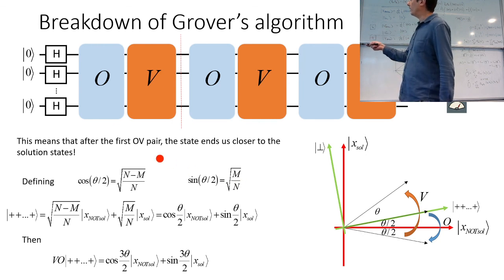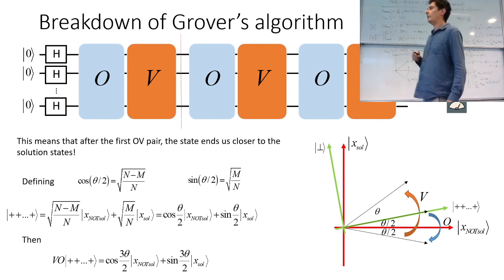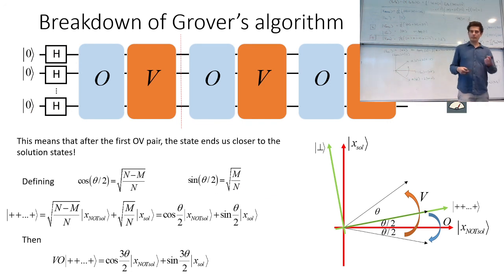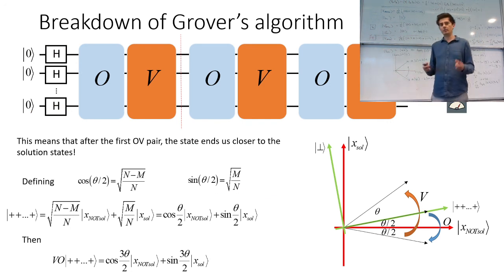If you've got something with, say, 10 qubits, then n is going to be 2 to the power of 10. So you can work out the angle if you know the dimension and how many solutions there are.